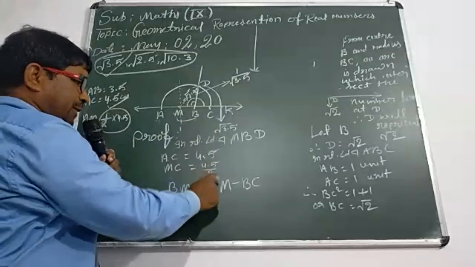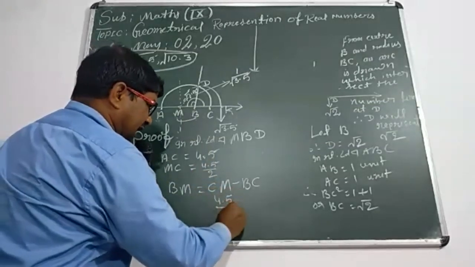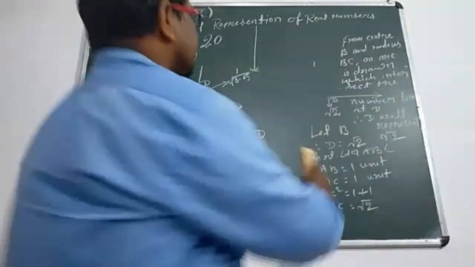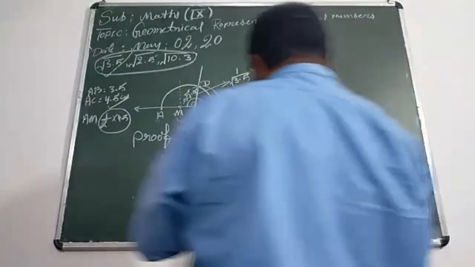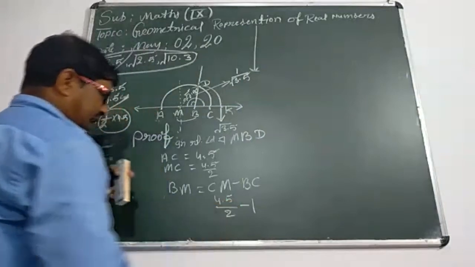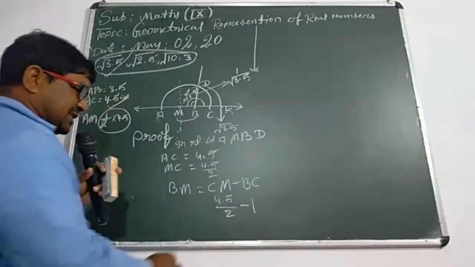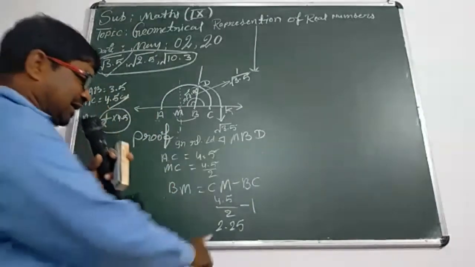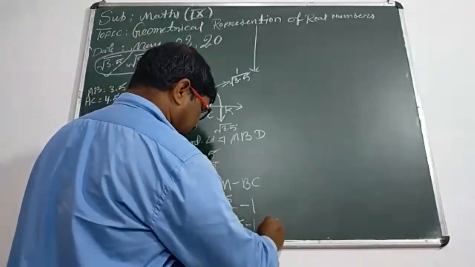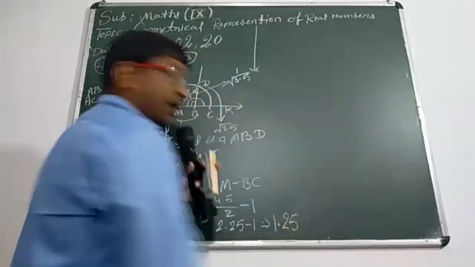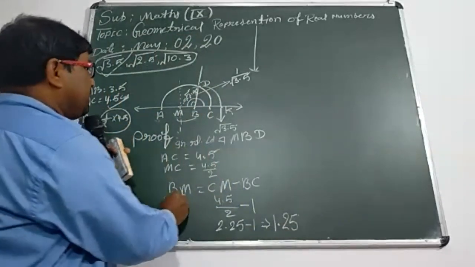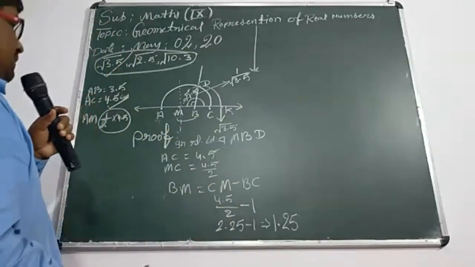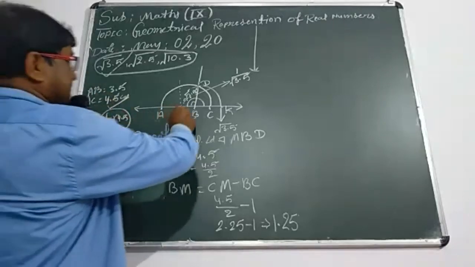CM is 4.5 upon 2 and BC is 1. Now you can subtract. 4.5 upon 2 means 2.25, so 2.25 minus 1 equals 1.25. So BM is 1.25.